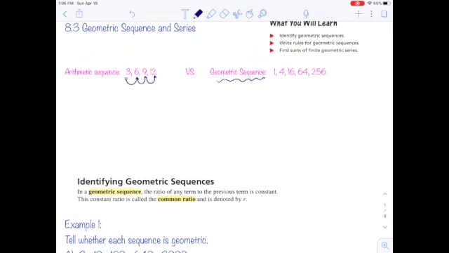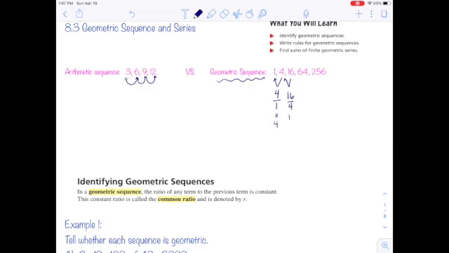So if you take a look at 1 and 4, the common ratio is the second term, 4, divided by 1, and if that is common across all the pattern, that's a common ratio, and therefore you'll have a geometric sequence. So you check 16 divided by 4. Is that also 4?